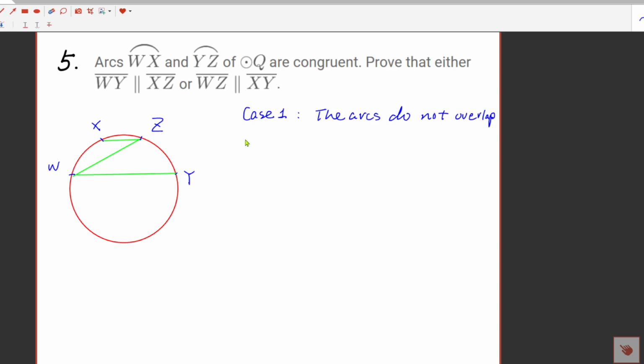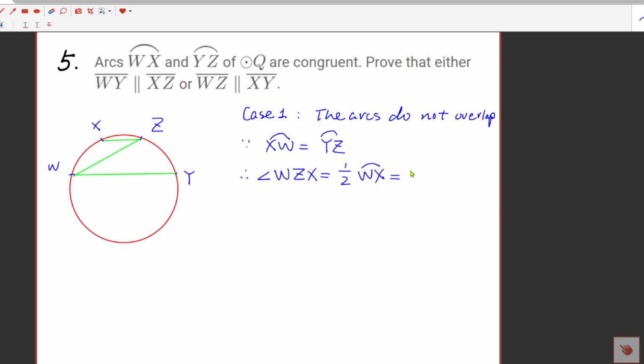In that case, because we have arc XW equals arc YZ, then we have angle WZX should equal 1/2 of the arc WX, right?